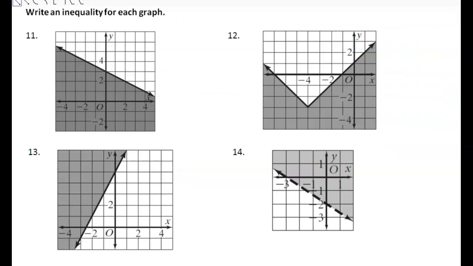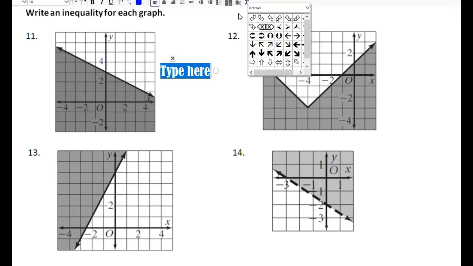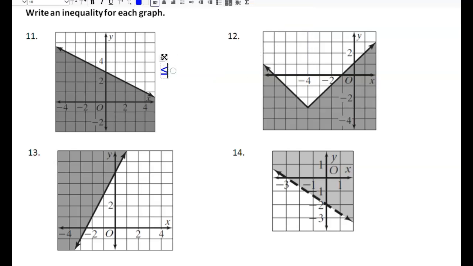And then last but not least, we want to write inequalities for the graphs given. So in this case, we're going to need our math symbol because the line is solid, so we need an equal to. It's shaded below, so y is less than or equal to. And then we want to talk about our slope.